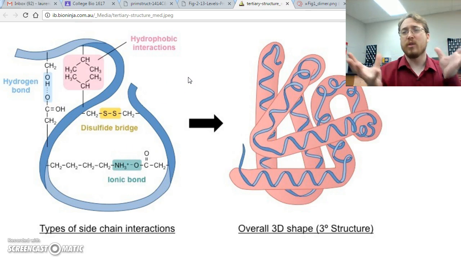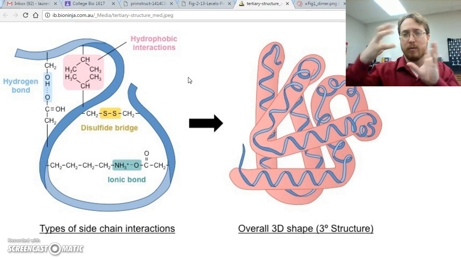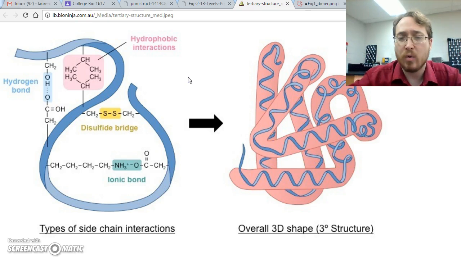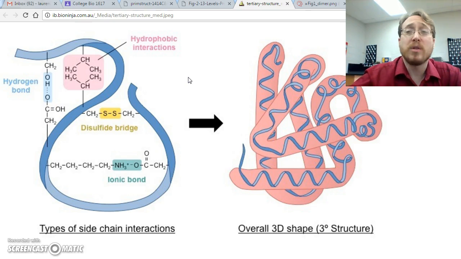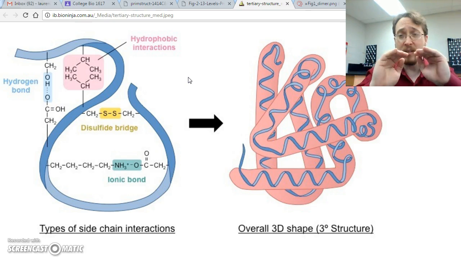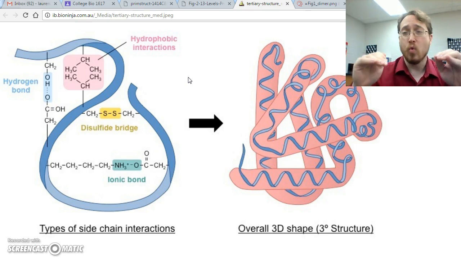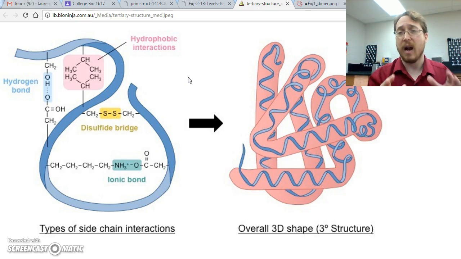And so all of those contribute to the rest of the polypeptide folding around the secondary structures to give us this fully folded polypeptide. For some polypeptides, this is it. We are now fully functional. We are a protein, and we can do our job. Maybe we're a structural protein, maybe we're an enzyme, maybe we're a transport protein, I don't know, but we're done.